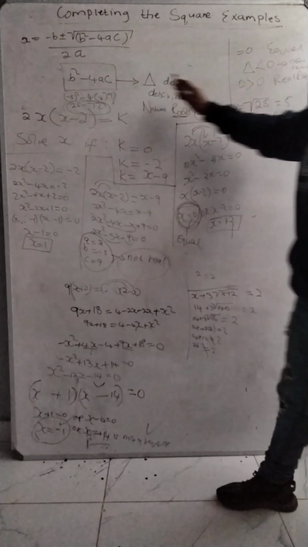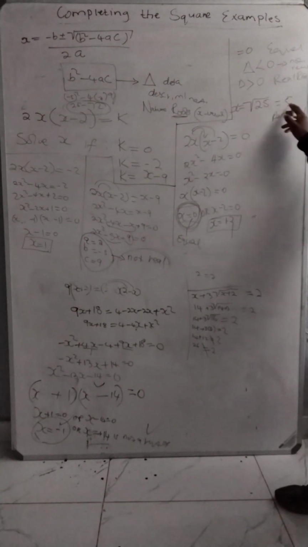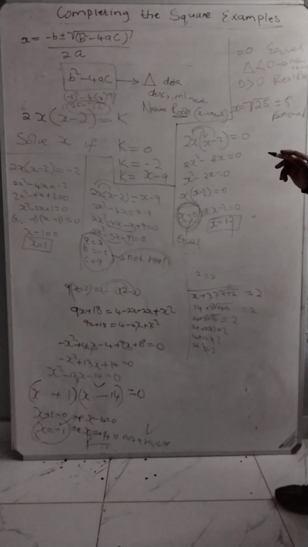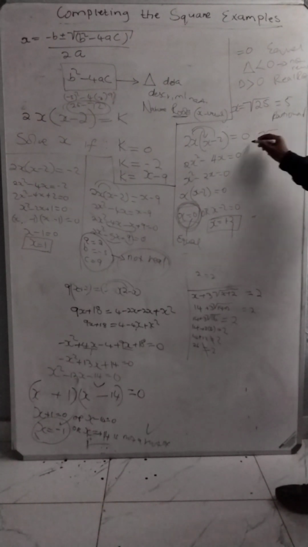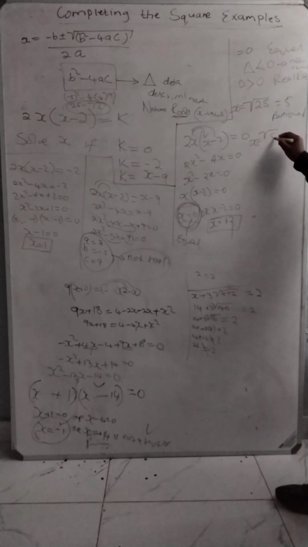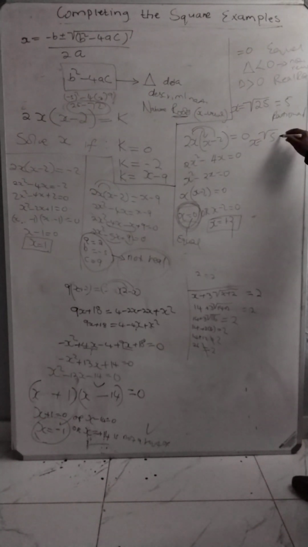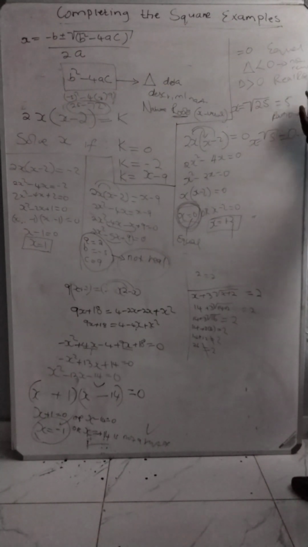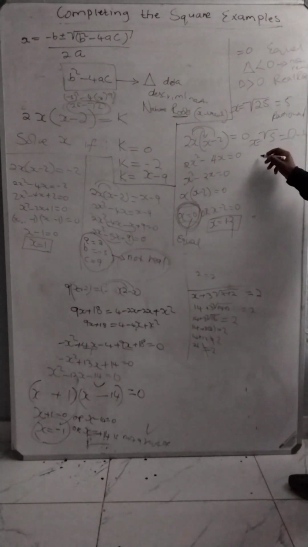If under there you have a natural number like that, the roots are rational. But then if your x is equal to the square root of 5, which we know is gonna give you some decimals going forward, then we say the roots are irrational.